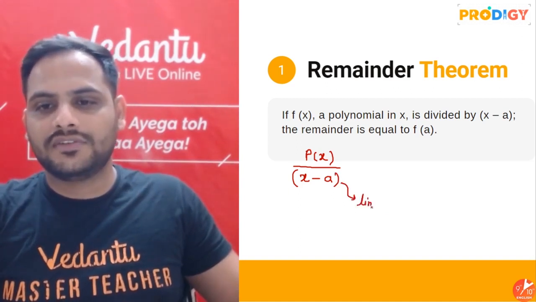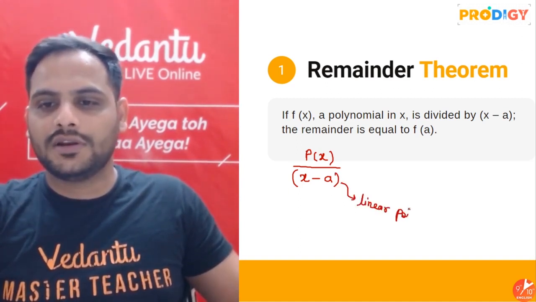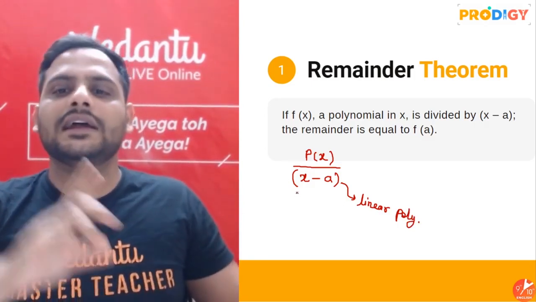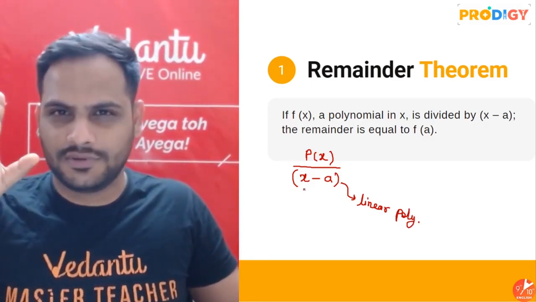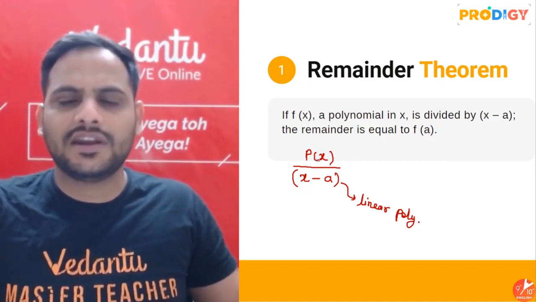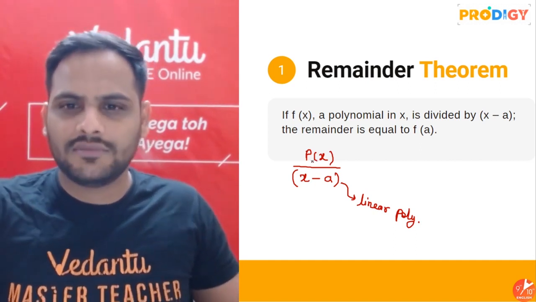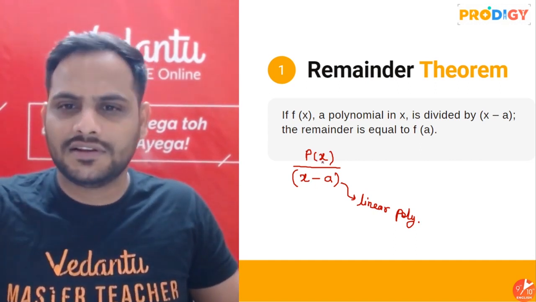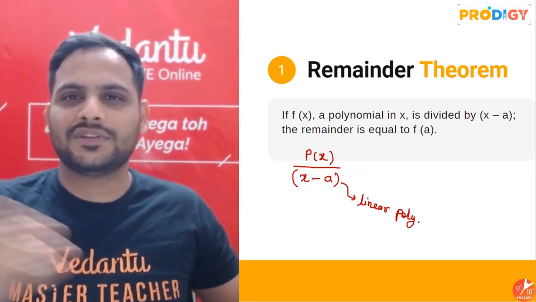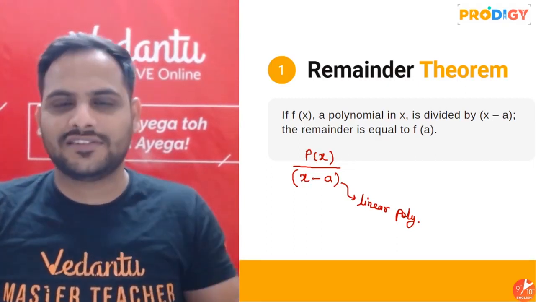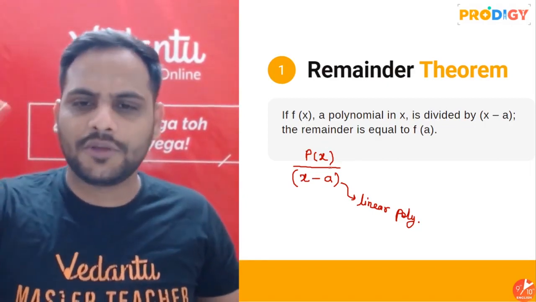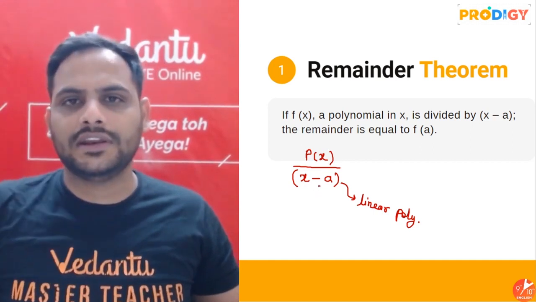So remainder theorem works when the divisor is a linear polynomial. We have a polynomial p(x), and its degree must be greater than or equal to 1, because if its degree is less than 1, that means 0, it is a constant polynomial, so it itself is the remainder. So p(x) is any polynomial divided by a divisor of degree 1.